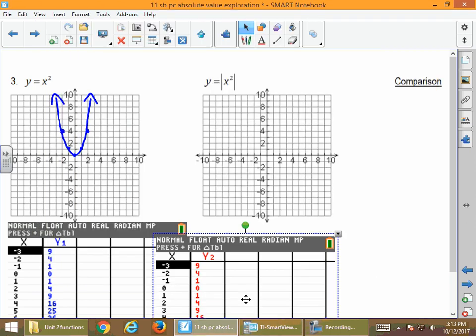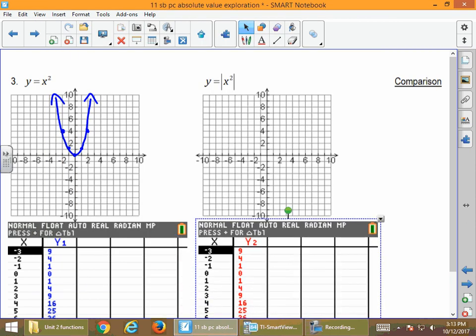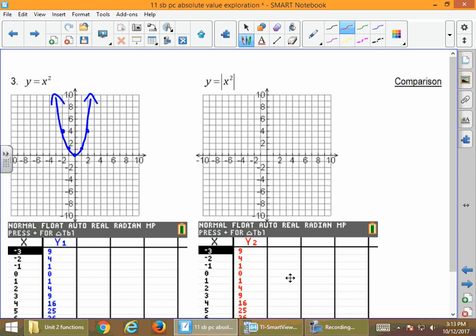So we can look at this table for comparison purposes. And what we have in our graph is -2, 4, -1, 1, 0, 0, 1, 1, 2, 4. And although my picture is weak at best, as we look down below each of these graphs, we see the same values on our table.